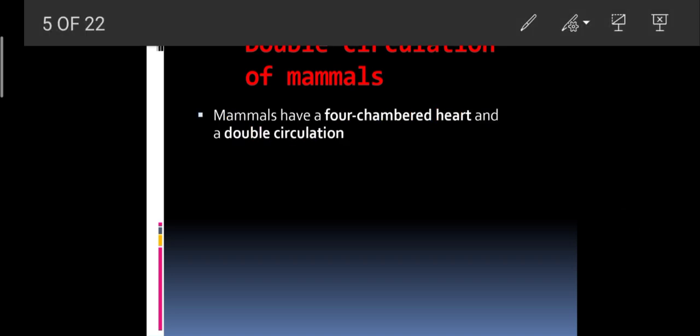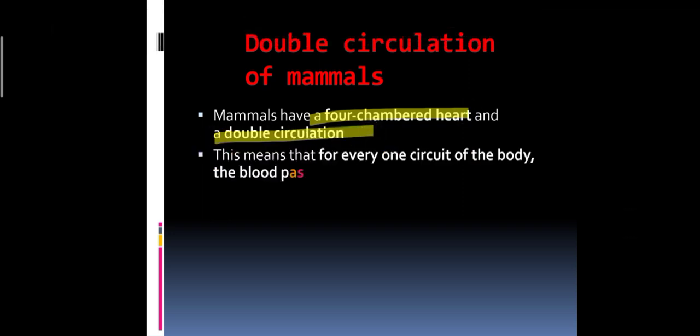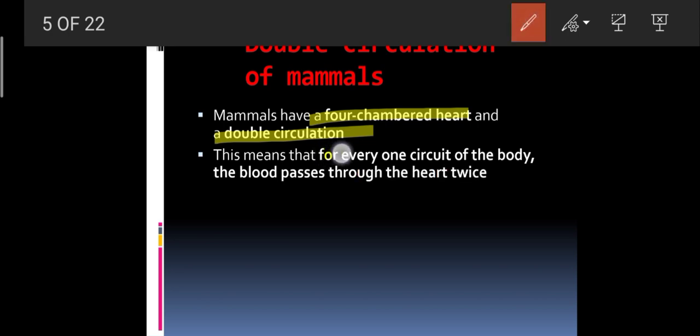If we talk about double circulation, then mammals have double circulation. Mammals have a four-chambered heart and double circulation. Double circulation means that for every one circuit of the body, the blood passes through the heart twice.